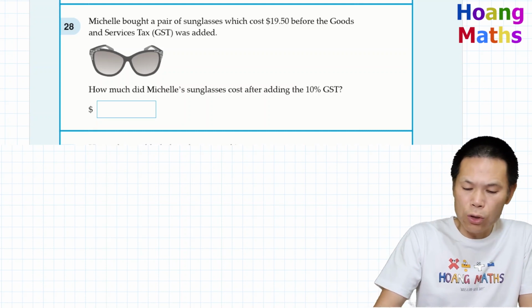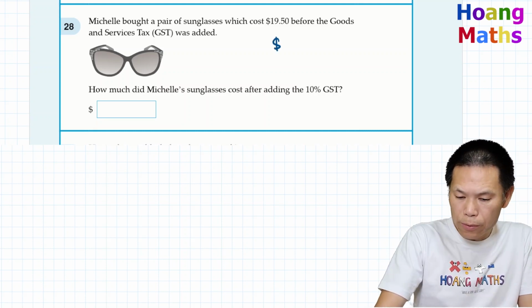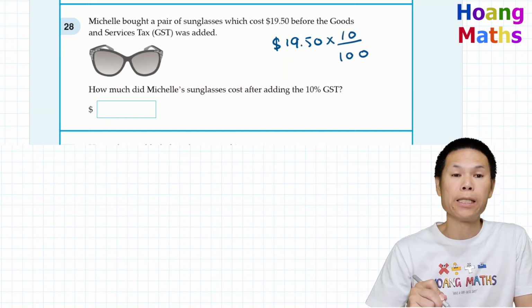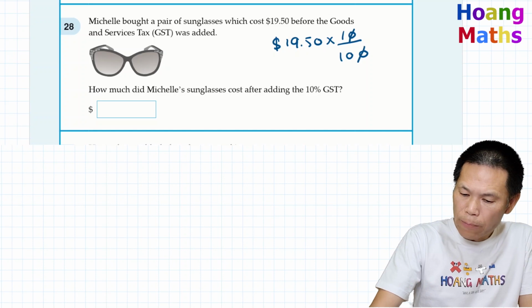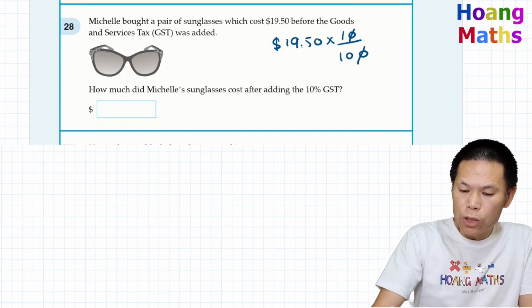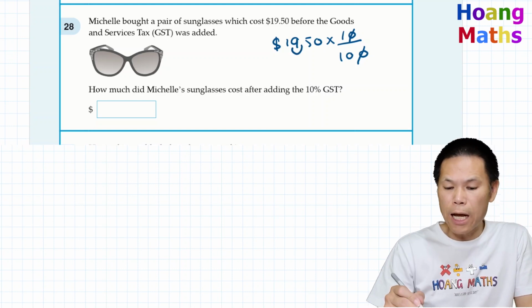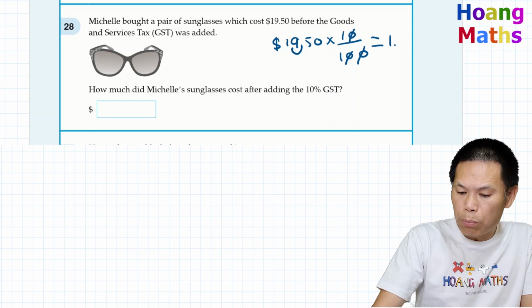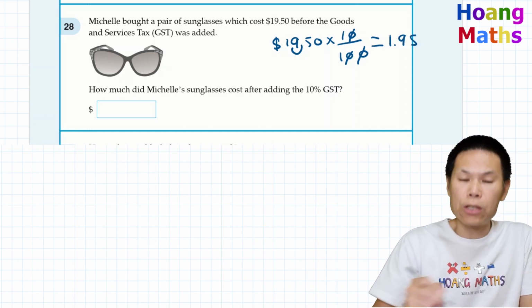So $19.50 times 10%, that is the GST. We just cancel this, and then 19.5 divided by 10. So we just move the decimal point on this side. So that is 1.95. Okay, that is dollars.